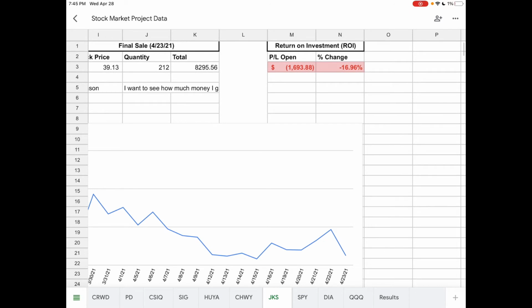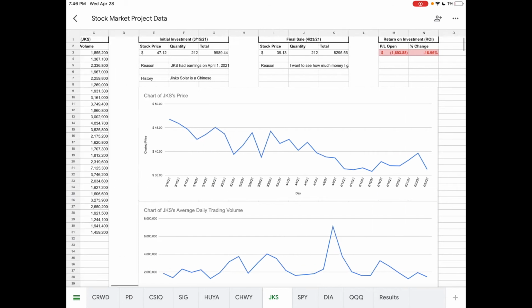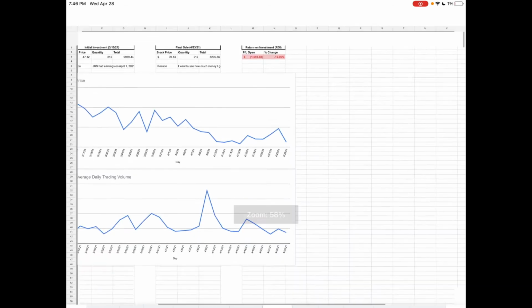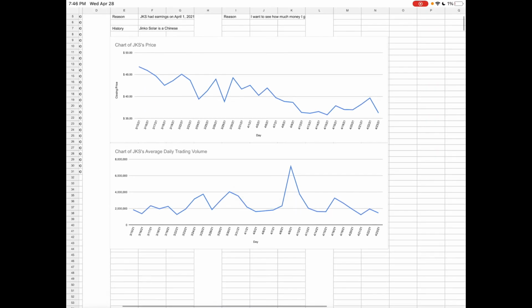And my ROI was a loss of $1,693.88 with a percent loss of negative 16.96%. And here are the charts of Jinko Solar's closing price and their average daily trading volumes that I recorded.